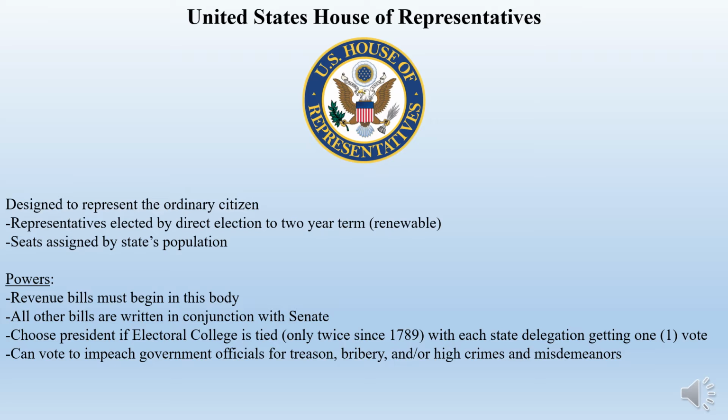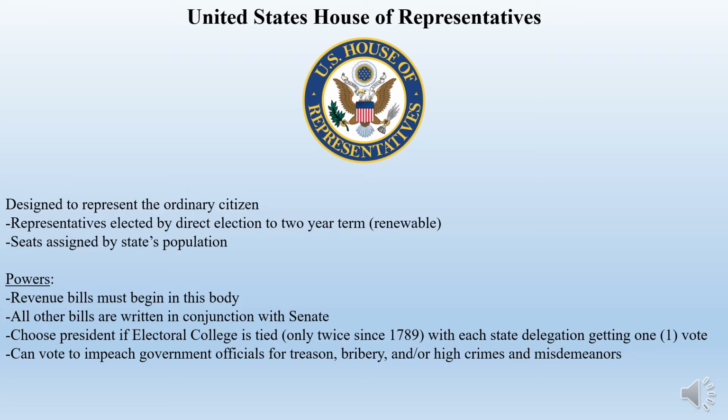Representatives. All seats in the House of Representatives are 2-year terms, meaning every single national election, the entire House of Representatives, which is 435 members, will be up for re-election. And this is because this is seen as the true representative body of the United States.